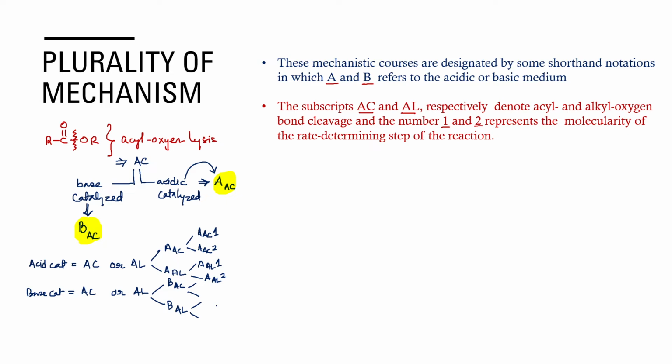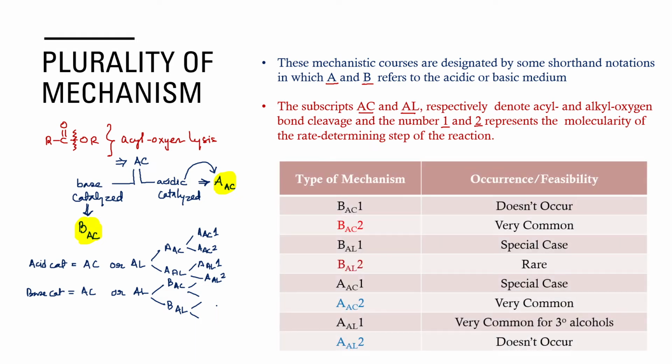Okay, जो आपने पढ़ा होगा स्कूल में या फिर in your institutes, you might have read about only one of these mechanisms or maybe at the max 2 of these mechanisms, but we have a total of 8 mechanisms. So if I try to identify, देखिए BAC1, BAC2, BAL1, BAL2, AAC1, AAC2, AAL1, AAL2. We have a total of 8 mechanisms.